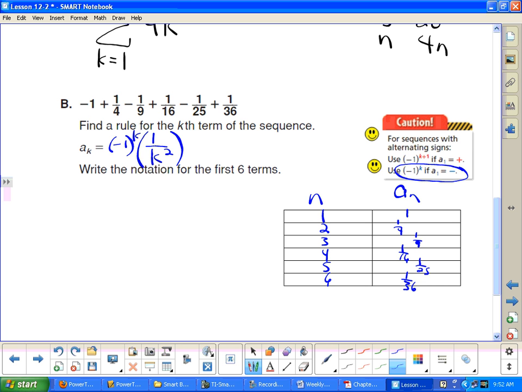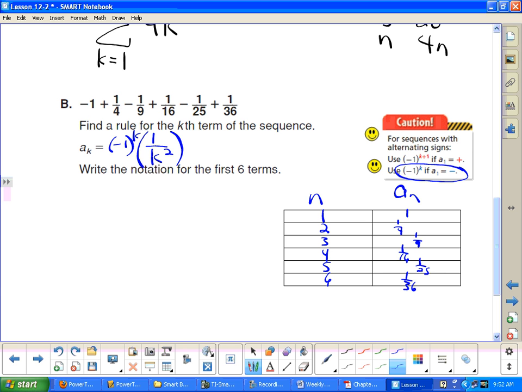So we put 1 in for k first, right? For the first term, we put 1 in for k. What's negative 1 to the first power? Negative 1. And 1 squared is 1. So we would have negative 1 times 1, which is negative 1.